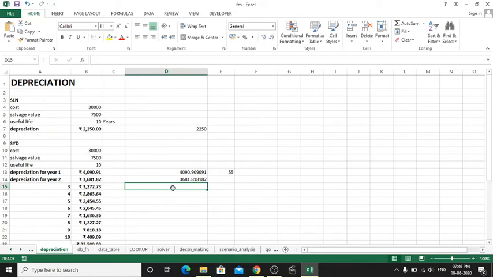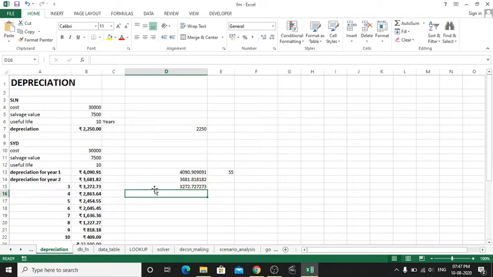What about the next one? After 2 years we have used 2 years of useful life, so it becomes 8. 8 divided by 55 into the cost value minus salvage value. See, this is how the actual calculation works year by year to find the depreciation.